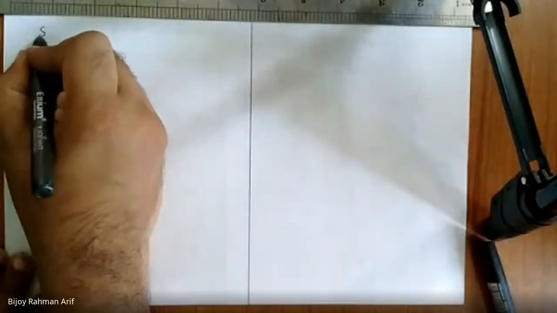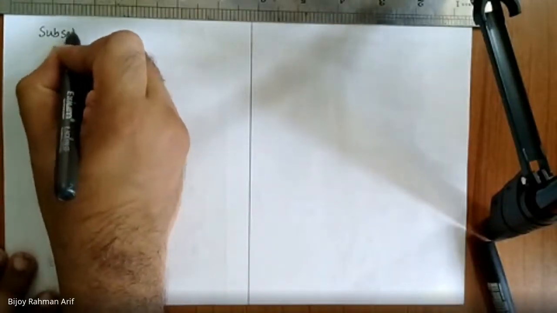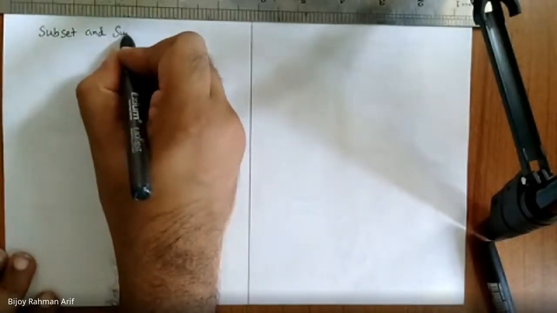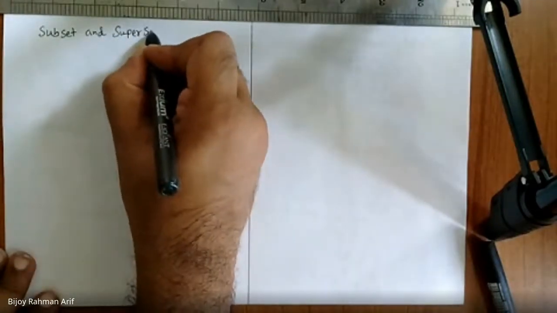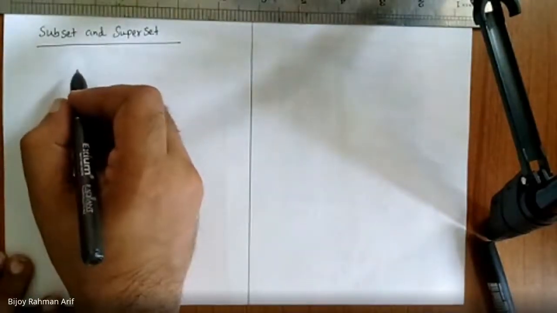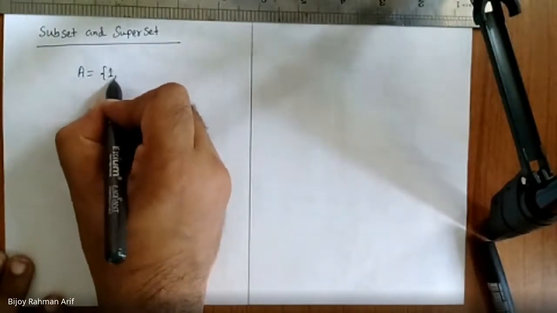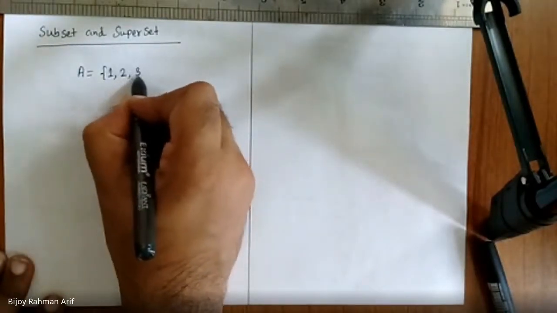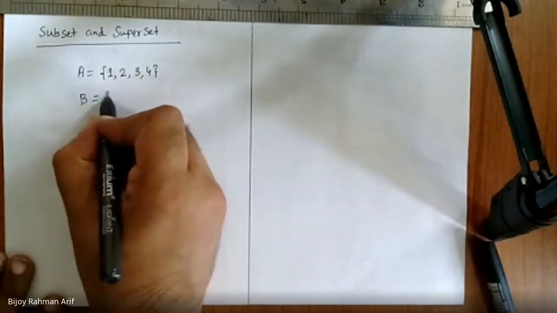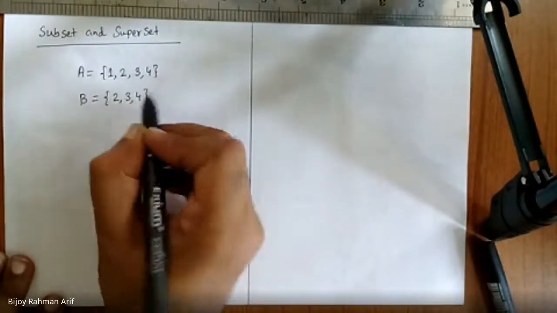Subset and superset. Let's take A equal to {1, 2, 3, 4} and B equal to {2, 3, 4}.